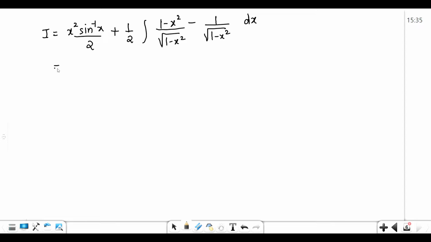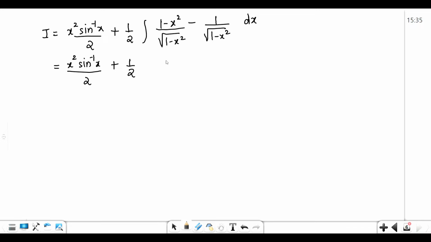Again this will be repeated, then 1 by 2. Then what we can do is integrate both of these. So we have to take the formula for this.